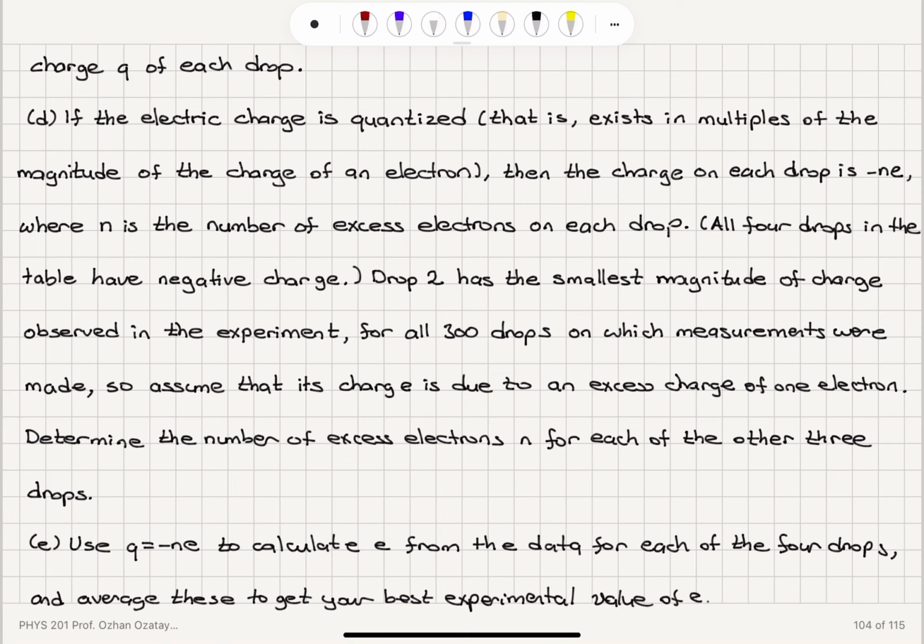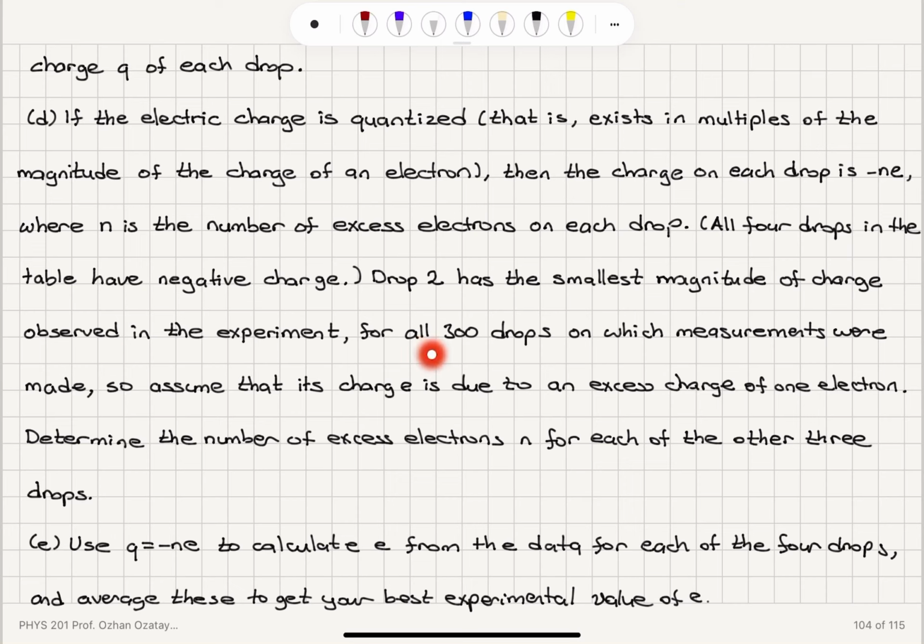Part D. If the electric charge is quantized, that is, exists in multiples of the magnitude of the charge of an electron, then the charge on each drop is minus N e, where N is the number of excess electrons on each drop. All 4 drops in the table have negative charge. Drop 2 has the smallest magnitude of charge observed in the experiment for all 300 drops on which measurements were made.